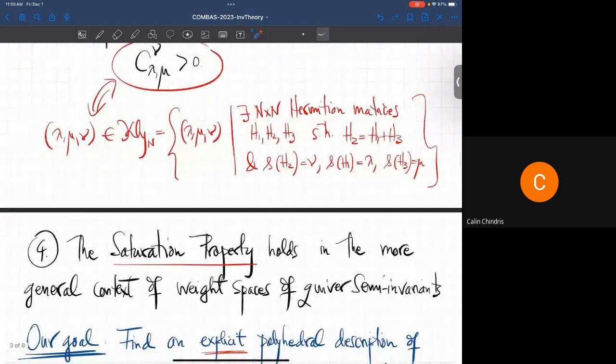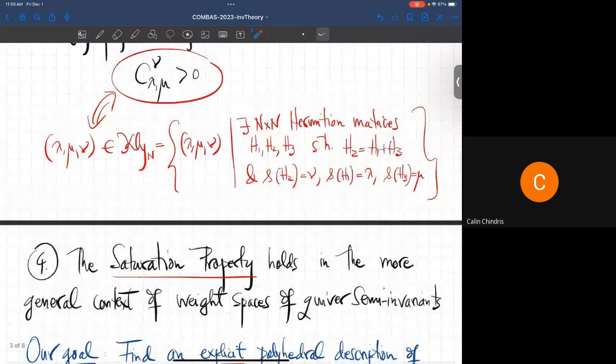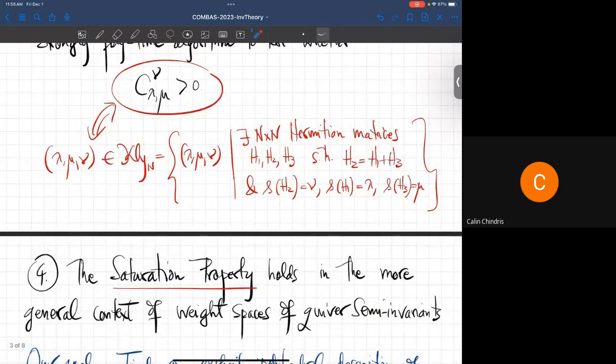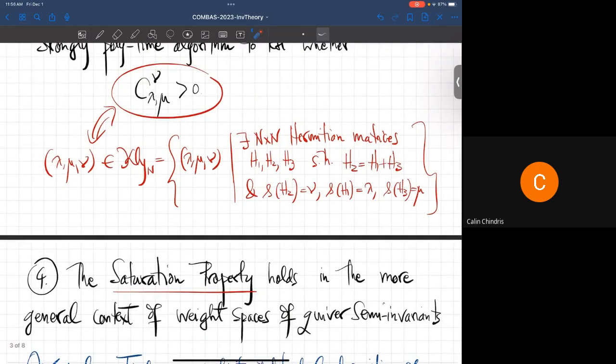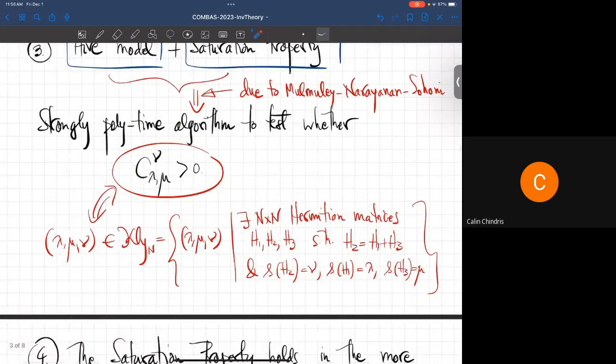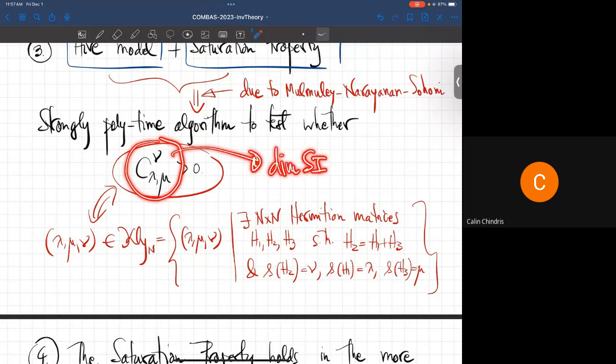And let me switch gears a little bit, and this is because Maciej already talked about quiver semi-invariants. Let me point out that any LR coefficient, I'm gonna be more specific in just a bit, can be viewed as the dimension of a weight space of semi-invariants, as was already defined in Maciej's talk, for a suitable quiver Q, dimension vector beta, and weight sigma.